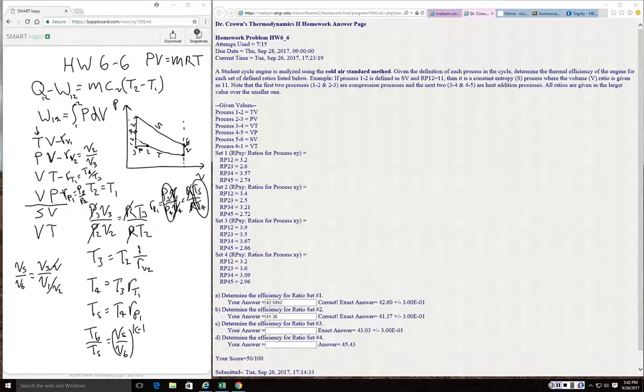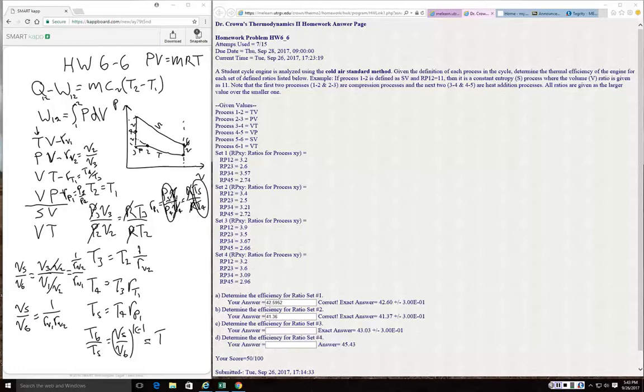And then V1 over V2 is, in the denominator, R V1, and V3 over V2 is 1 over R V2. So I have that V5 over V6 equals 1 over R V1 R V2.